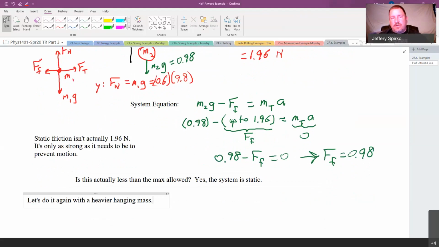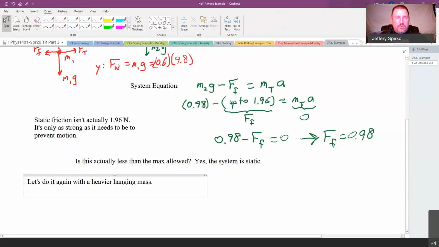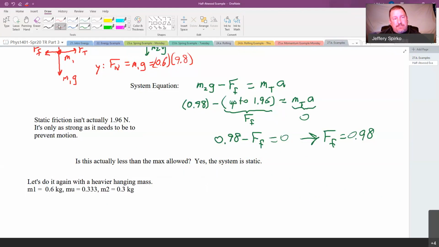So let's real quick do it again with a heavier hanging mass. So we'll keep the same M1 as 0.6 kilograms, and mu is equal to 0.333, but now we'll make M2 equal to 0.3 kilograms. So we'll still have the same max force of friction equal to 1.96, but now we'll go ahead and check.